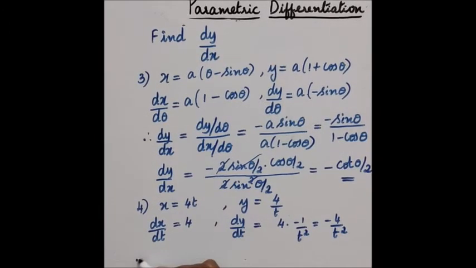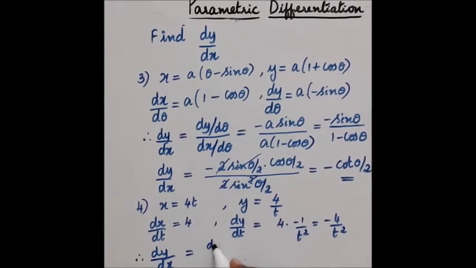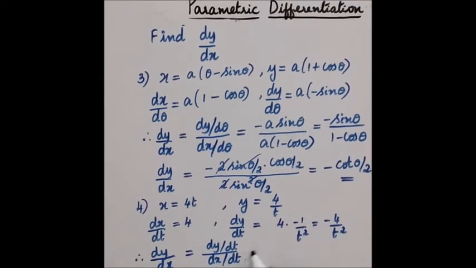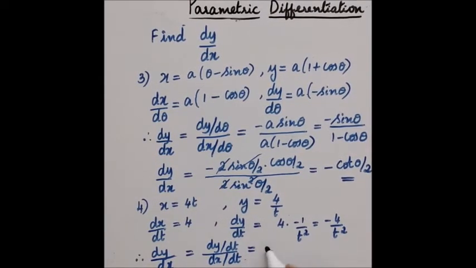So now dy by dx is equal to dy by dt divided by dx by dt, that is minus 4 by t square by 4.